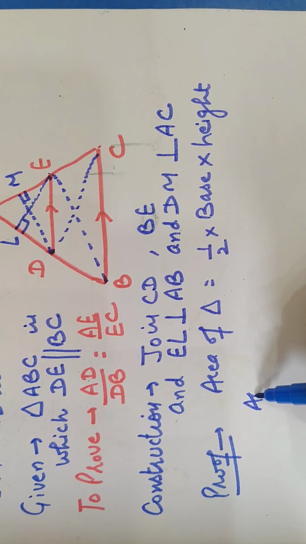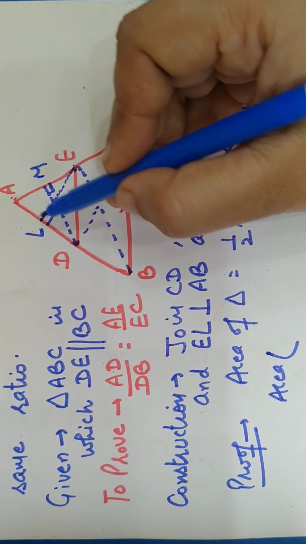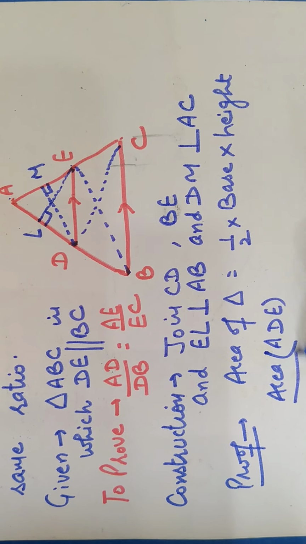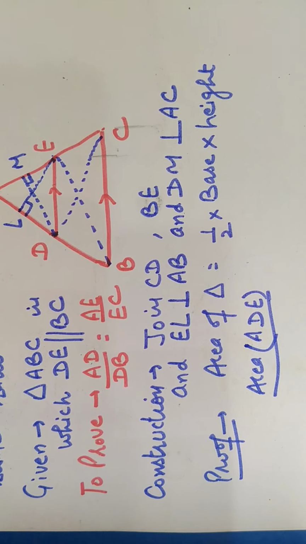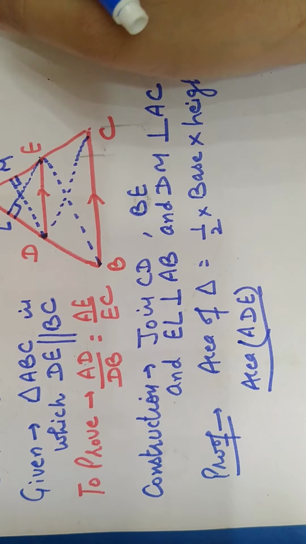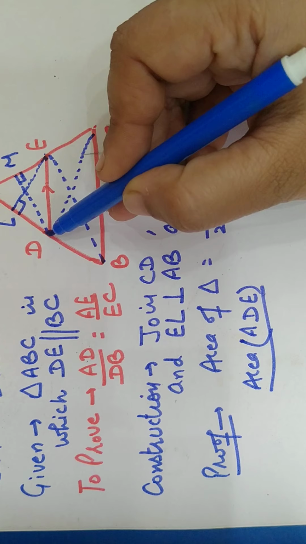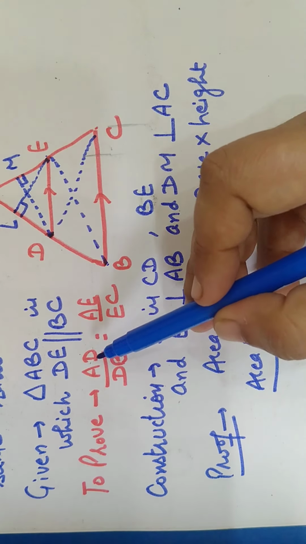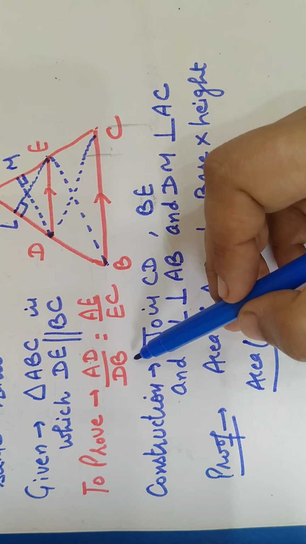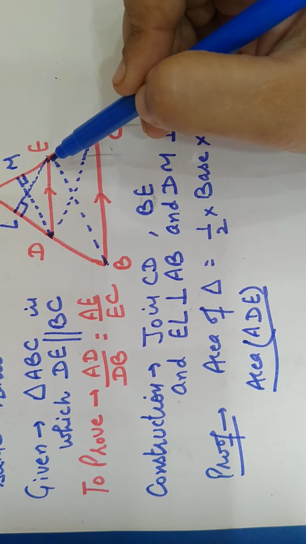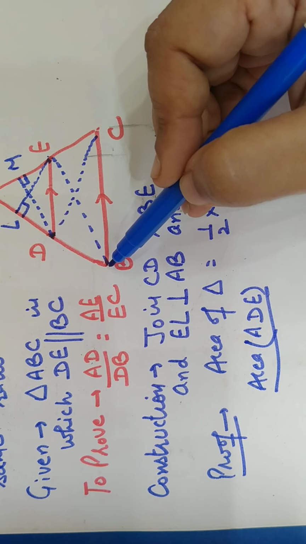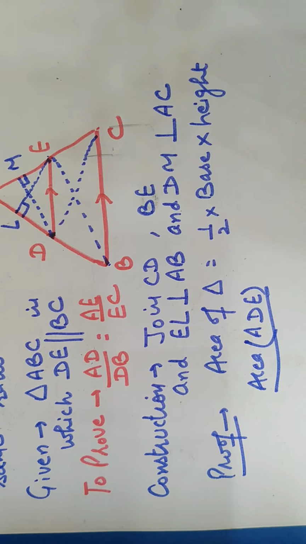Now we have to divide the area of triangle ADE by the area of the triangle on the same side base, and on the same side base there is triangle DBE. Why did I choose this? Because I want AD upon DB. If AD is the base, the height is EL, and if DB is the base, the height is the same, that is EL.